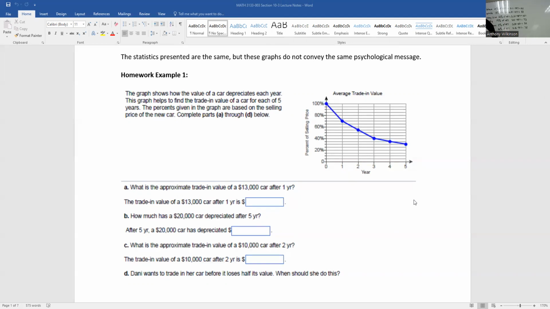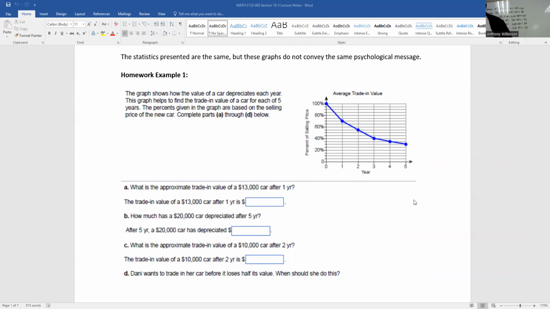The percents are given in the graph, and they're based on the selling price of the new car. Let's say I want to answer parts A through D below. So in part A, what is the approximate trade-in value of a $130,000 car after 1 year?